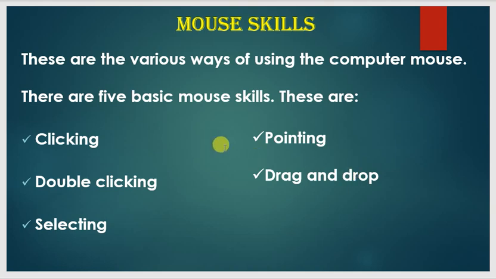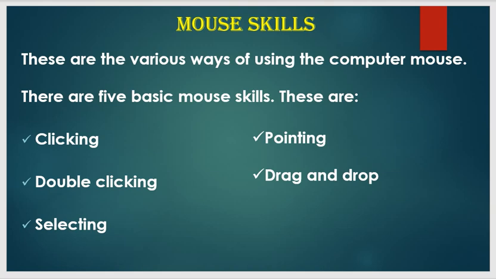We have other mouse skills like the triple clicking and the rest. But with the basic ones, we have these 5 mouse skills. So we'll look at each of them and how they are being used on the computer.